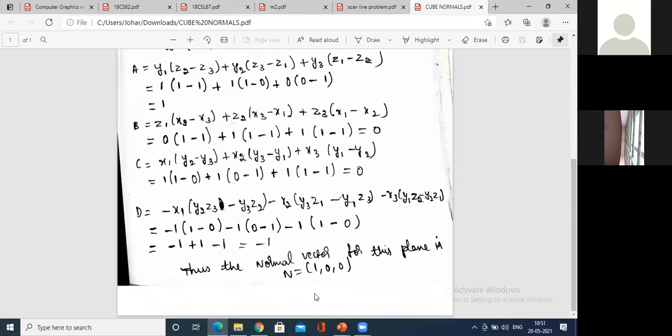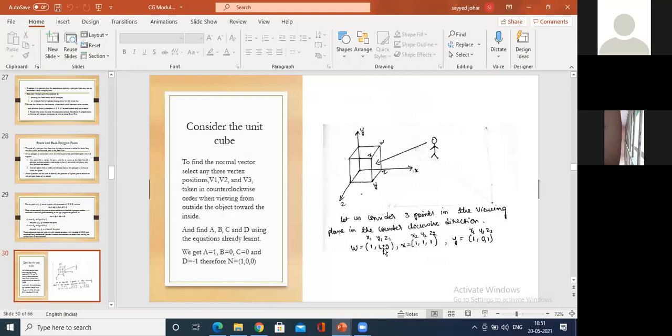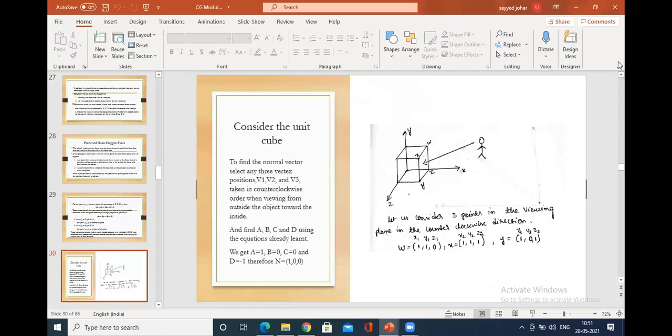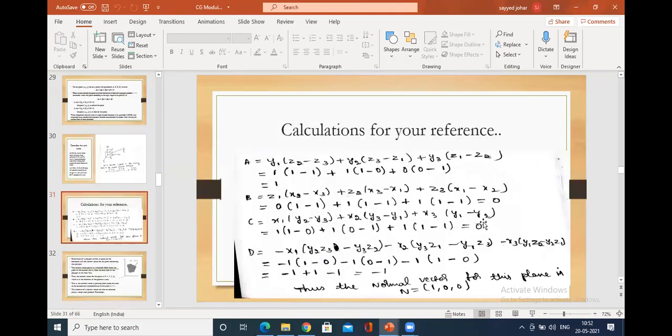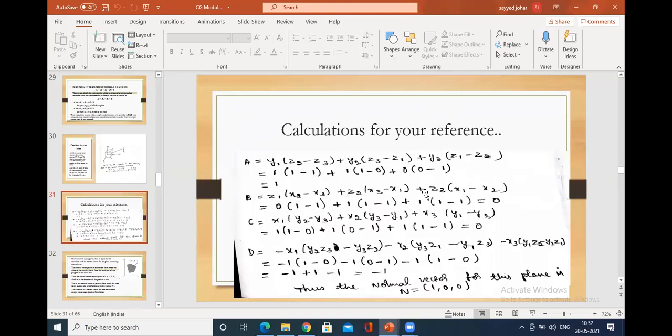The normal vector is written based on the value of A, B, C, D. It's the same thing I have shown on the PPT. I'll update this PPT into the Google Classroom. There you could see how to calculate these normals, for your reference.